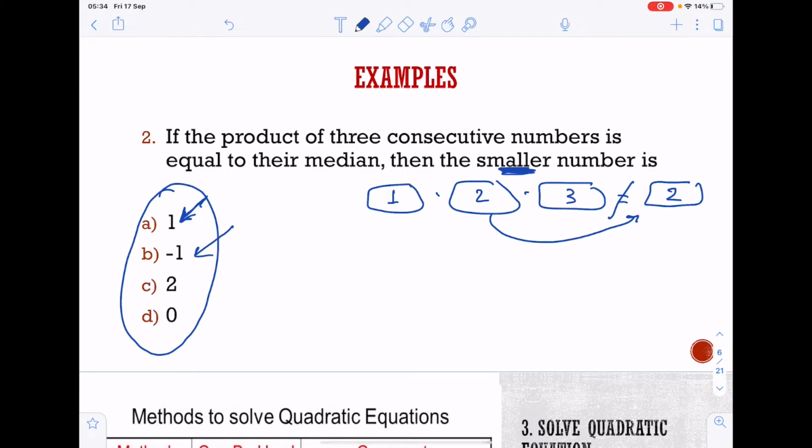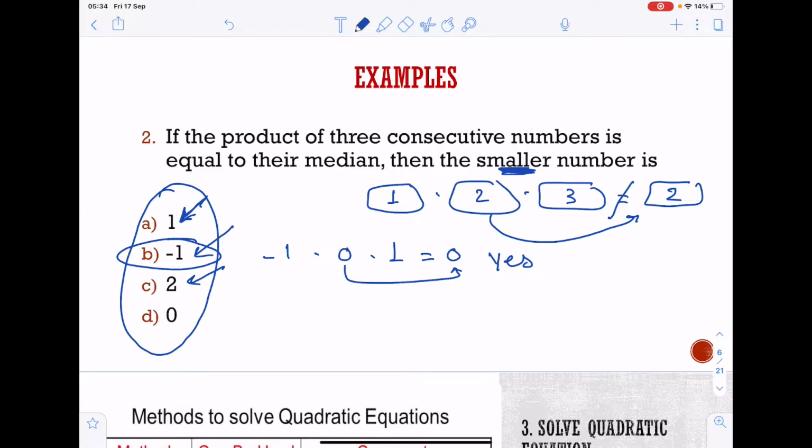So let's try these options. The three consecutive numbers would be negative 1, 0, and 1, and the product should be equal to the middle one, which is 0. Does negative 1 times 0 times 1 equal 0? Yes. Okay, so this is the correct answer. Let's try the others just to make sure you understand.